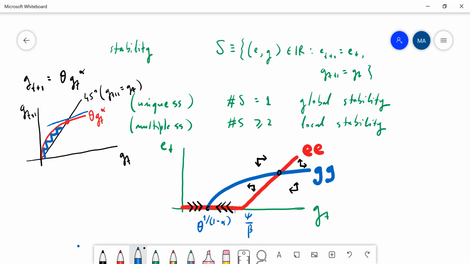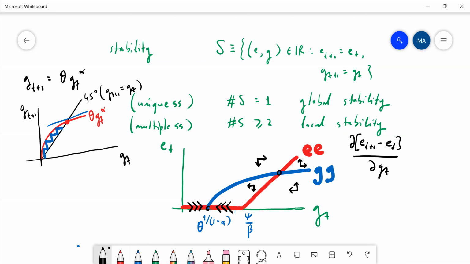Now, if you want to understand the behavior of this steady state, you should look at the difference E(t+1) minus E(t), and how it changes when G(t) changes.